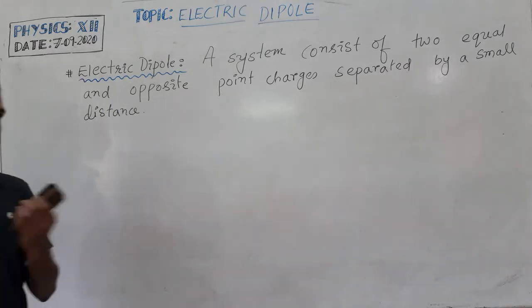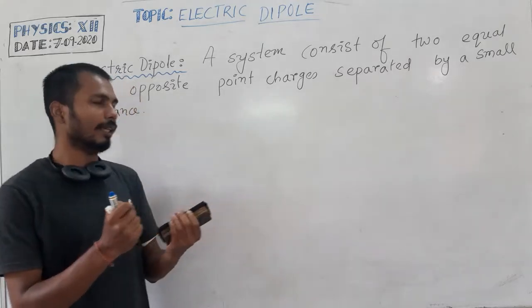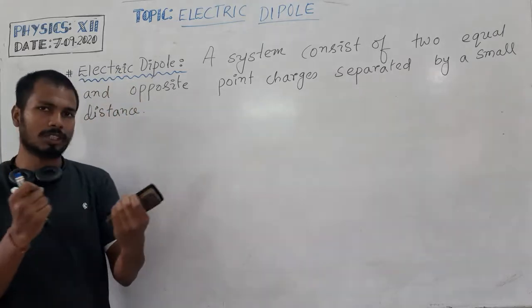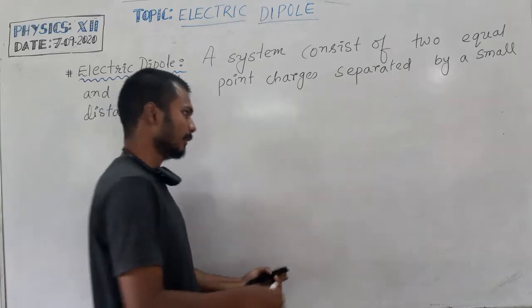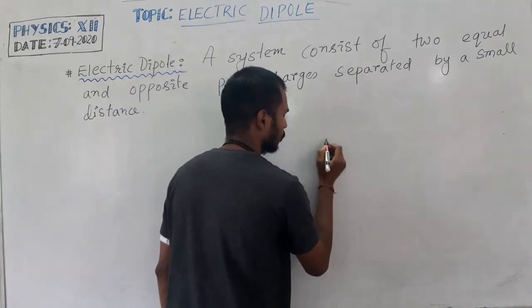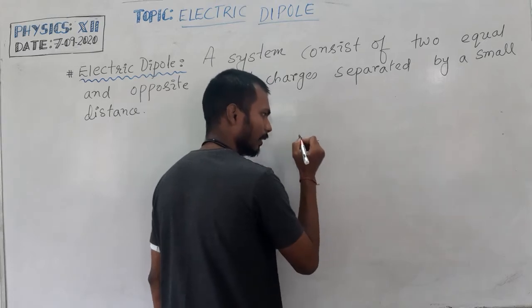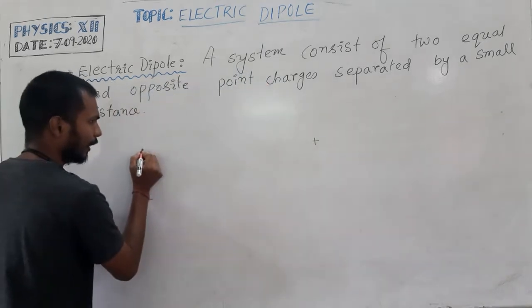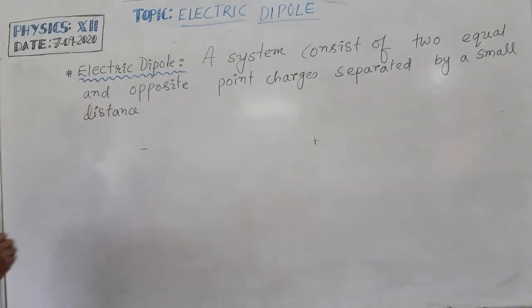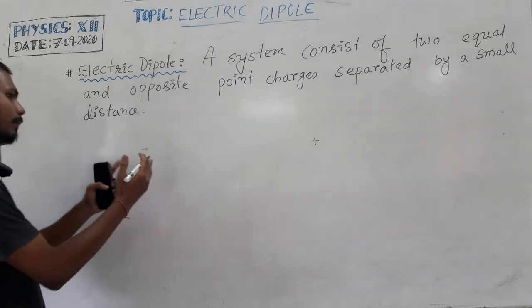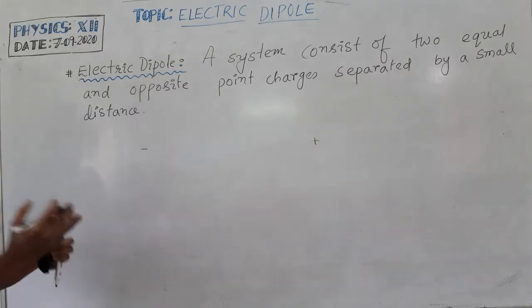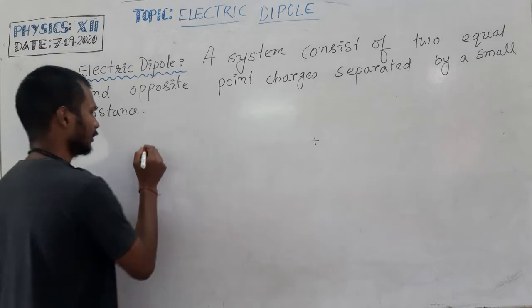Just consider two charges, opposite charges, and separate these two charges by a small distance. Say, for example, one charge is plus and another charge is minus, and we have kept these two charges apart at a small distance.